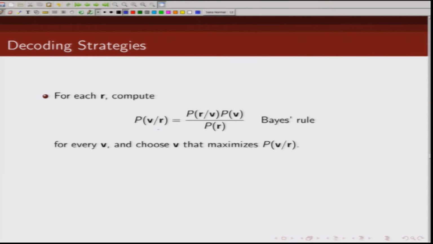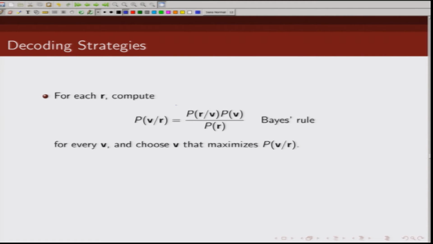Now, using Bayes rule, we can write the probability of v given R as the probability of R given v, multiplied by the probability of v, divided by the probability of R, and this has to be maximized over every v. So, we should choose our v such that this is maximized.